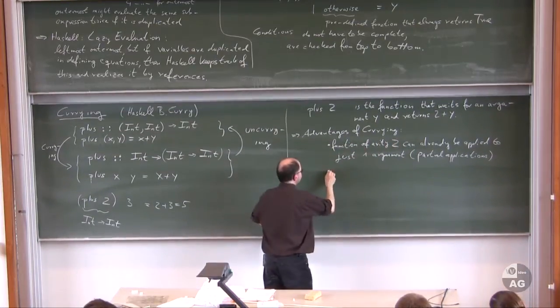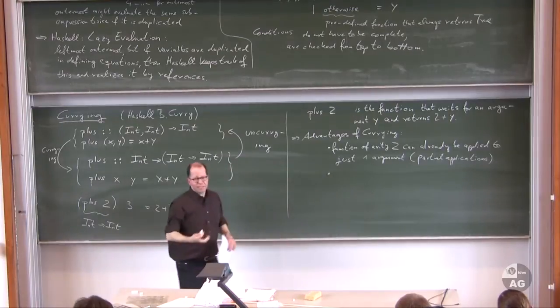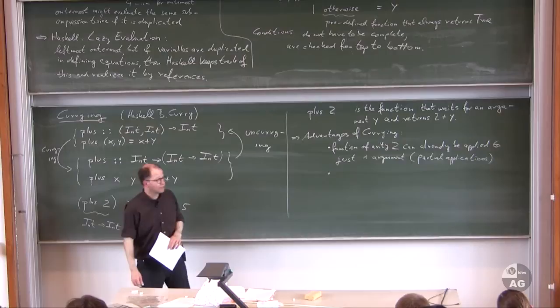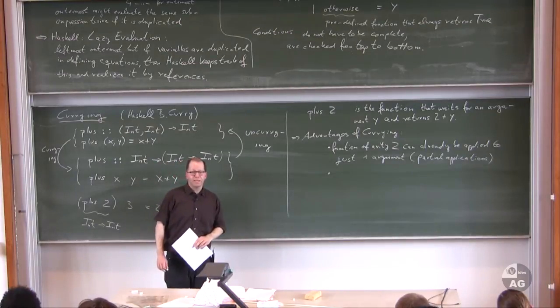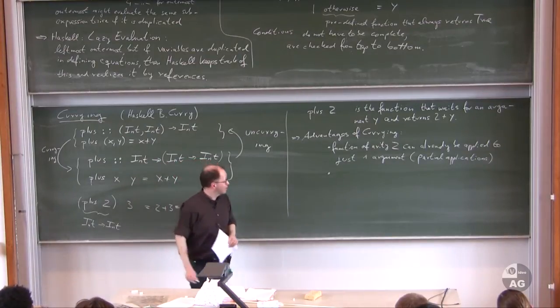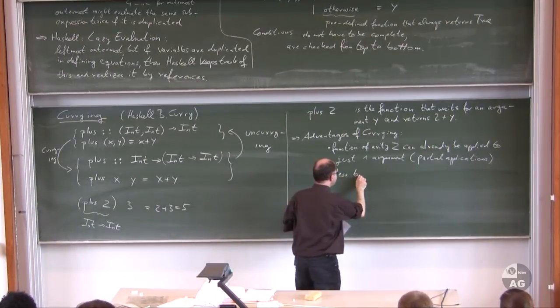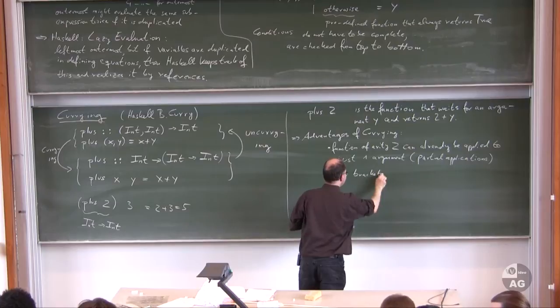So this is one nice feature. And the other nice feature is that, well, I mean, Haskell programmers are lazy. I mean, Haskell has lazy evaluation, so Haskell programmers are also lazy. And they want to write as few brackets as possible. And in this way, you can save brackets. So you need less brackets. Why?